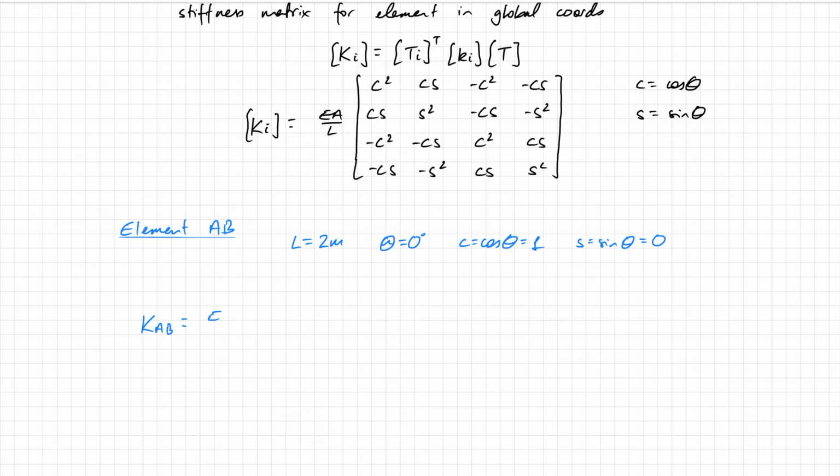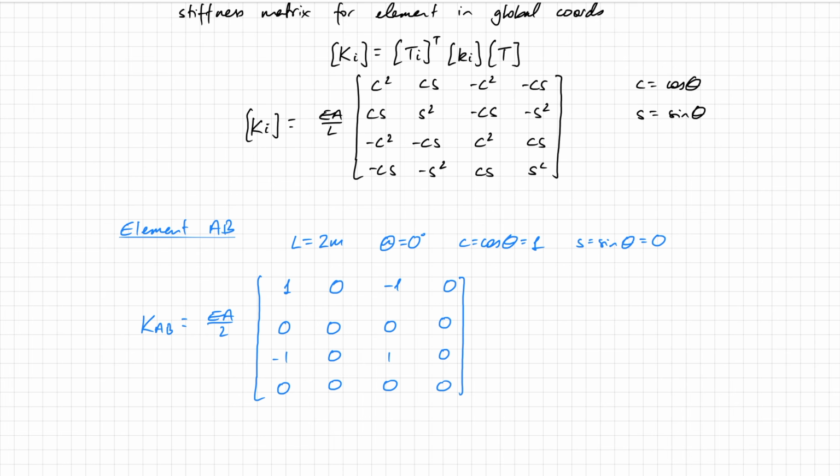So KAB equals EA over 2, and if I just substitute what we just discussed, C squared, so 1 squared, gives me 1 here, and then CS, which is 1 times 0, gives me 0 here, and I can continue calculating like that and end up with the following matrix: 1, 0, -1, 0, and finally all zeros.